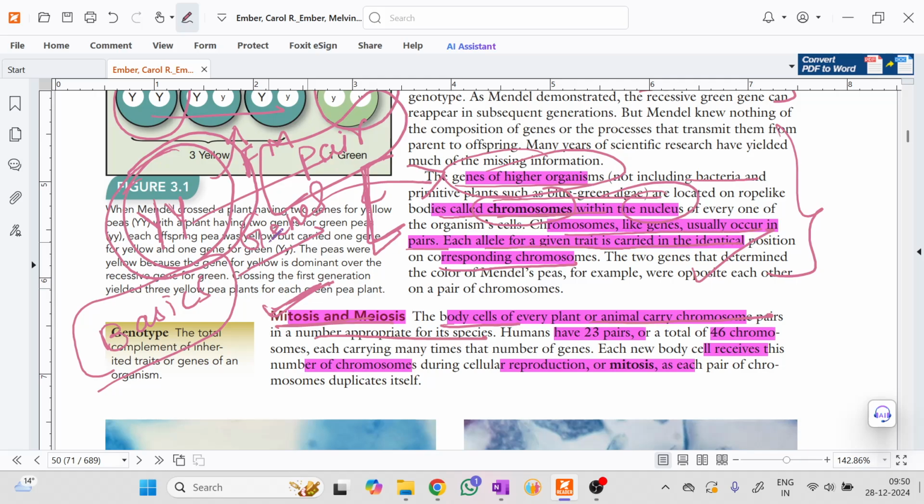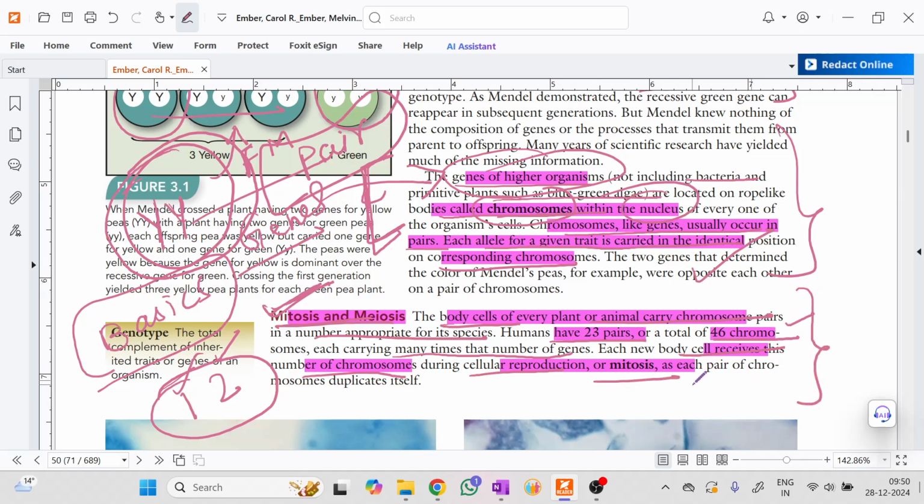So we derive one copy from each of our parents. That's why the genetic composition, the basic traits, are always in pairs, 1 and 2, derived from each of the parents. Humans have 23 pairs, so a total of 46 chromosomes, each carrying many genes. And each new body cell receives this number of chromosomes during cellular reproduction, or mitosis.